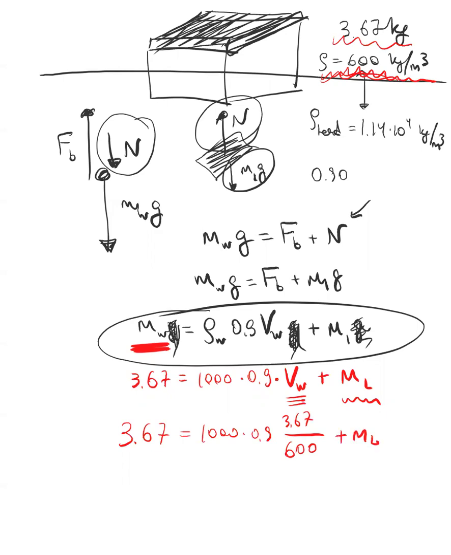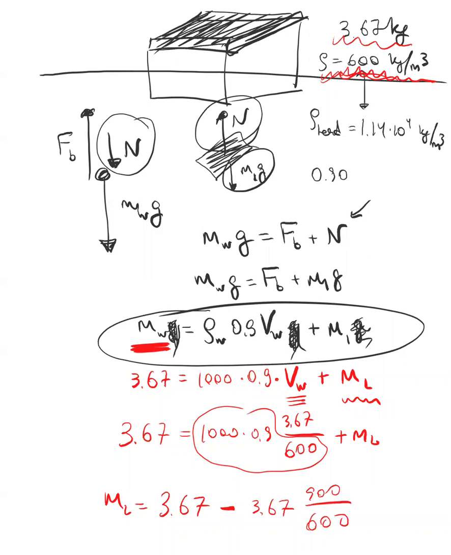And from here, it's pretty simple to find mass of lead. It's 3.67 minus 3.67 times 1000 times 0.9 divided by 600. So that's 900 divided by 600.